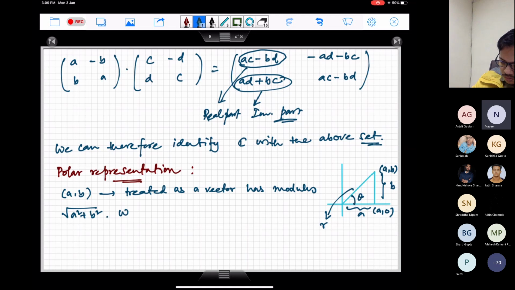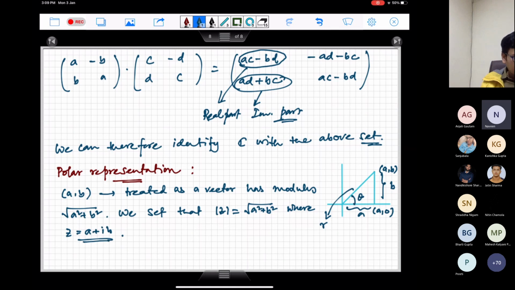So we set that mod z is equal to the positive square root of a square plus b square, where z is equal to a plus ib. As for the direction, tan theta is given by b by a. So that's how we get the direction.